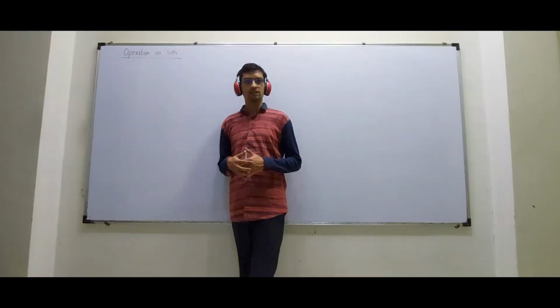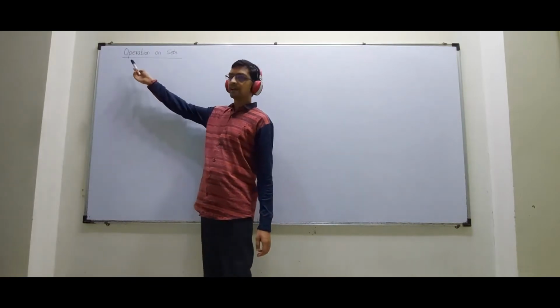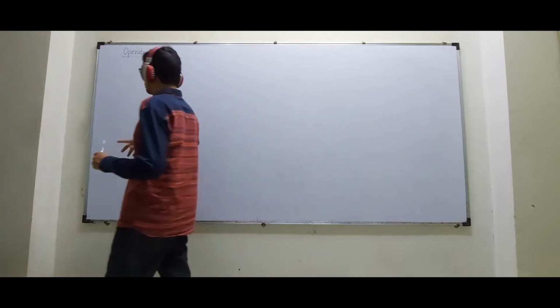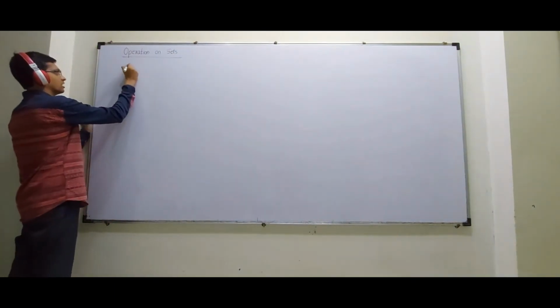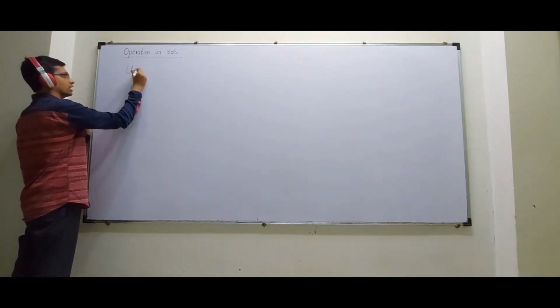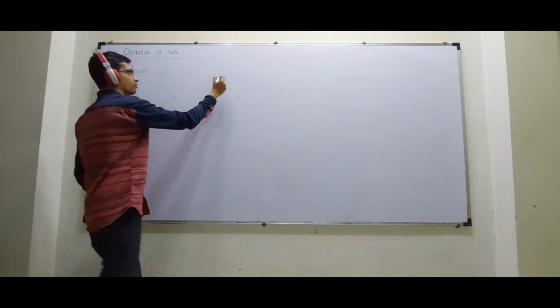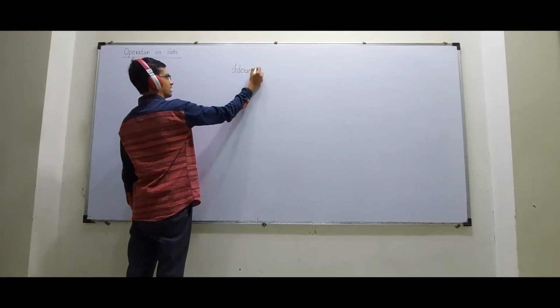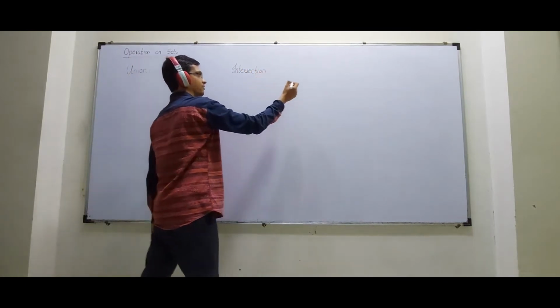Very good morning, children. Today we'll be starting the next part, that is operations on sets. The first operation is union, the second operation is intersection, and the third operation is difference.